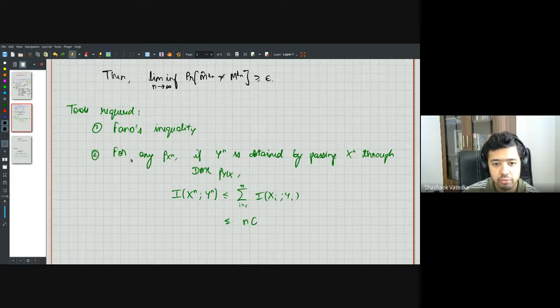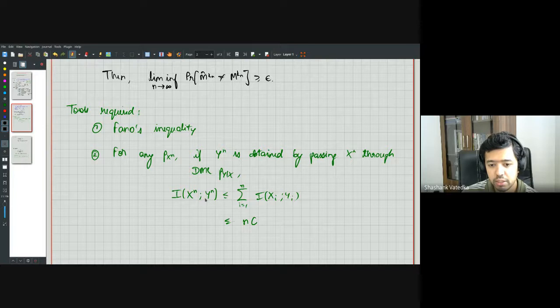If you take any random variable X^n, and obtain Y^n by passing X^n through a DMC, then the mutual information between X^n and Y^n is always less than or equal to the sum of the mutual informations between X_i and Y_i. So these two tools will be used to prove the converse of the channel coding theorem.